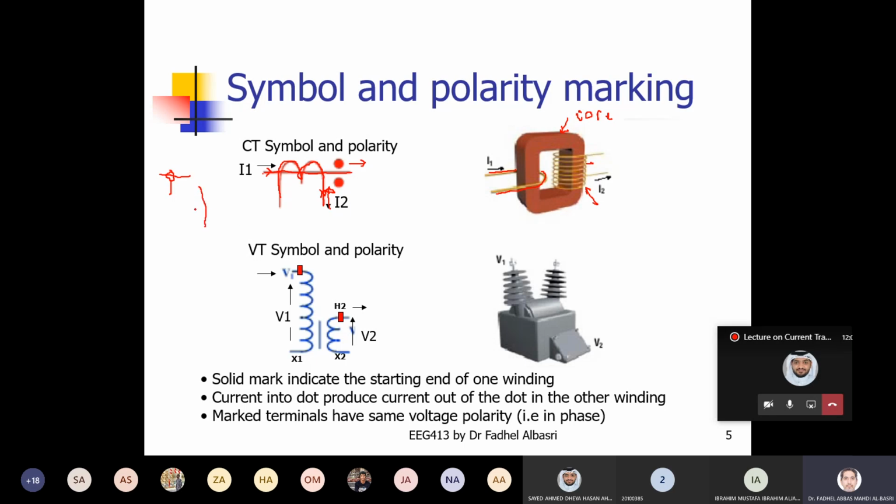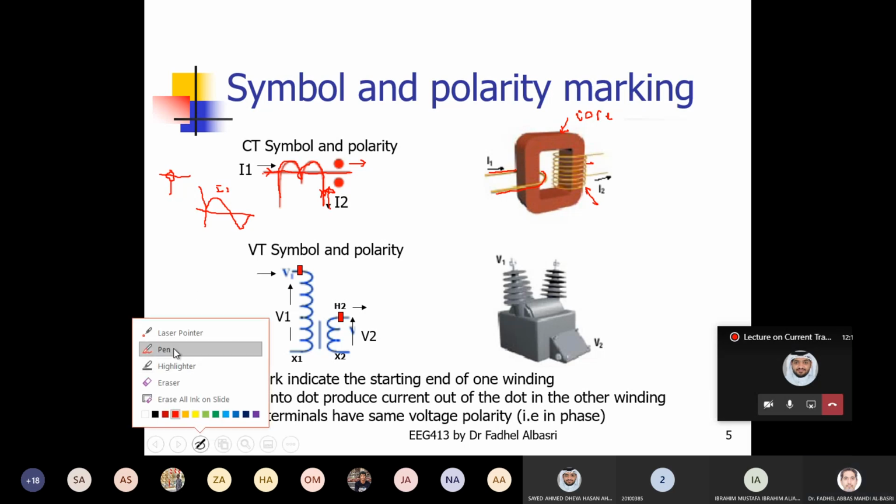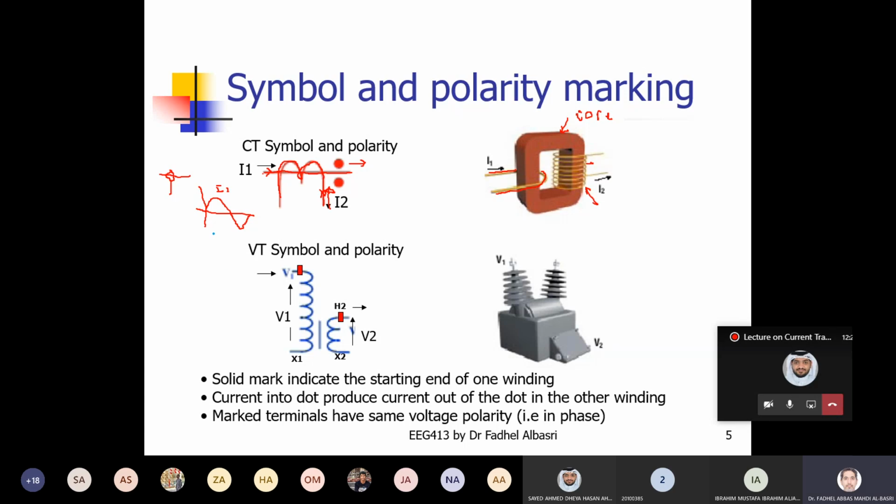If I inject a waveform like this at the primary side, so this is I1, the secondary will be in phase.